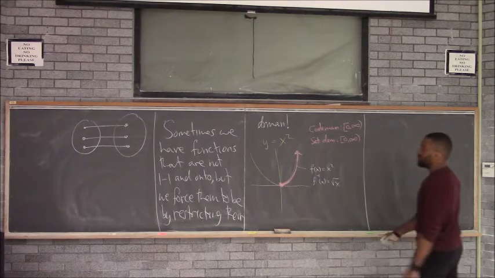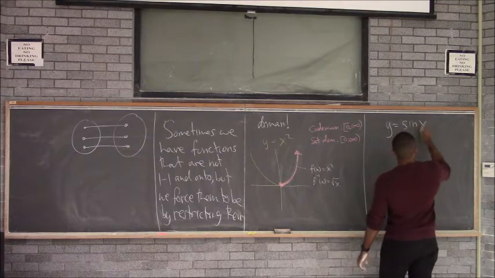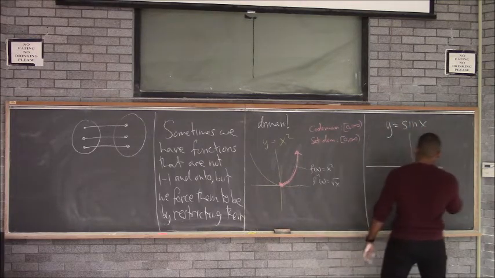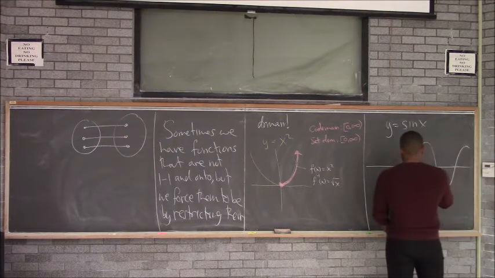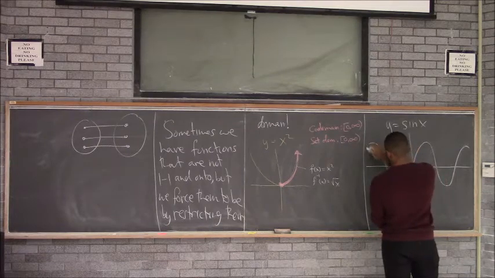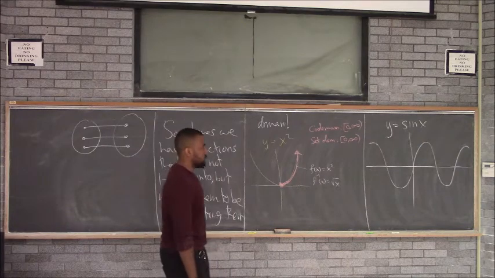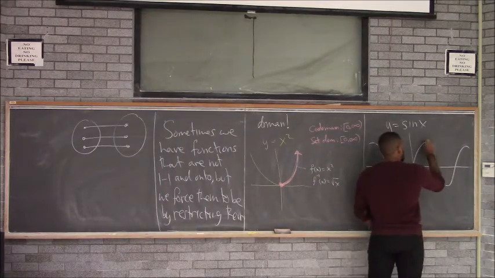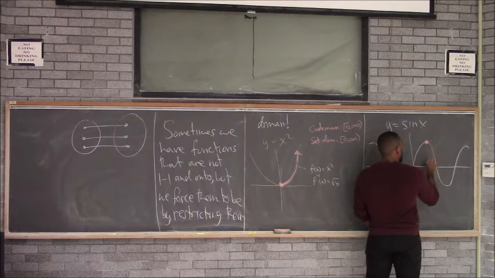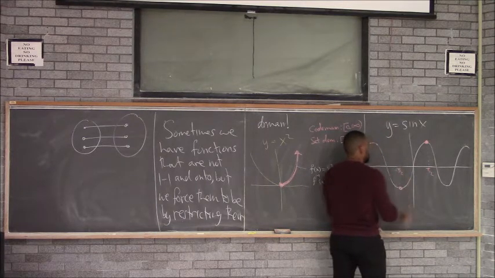We do the same thing with sine and cosine. So if you look at y equals sine of x, in general, this guy does not pass the horizontal line test. So what we normally do, which is why in your textbook it always tells you this restriction from minus pi over 2 to pi over 2, is we think of the function here at pi over 2, and the function here at minus pi over 2.